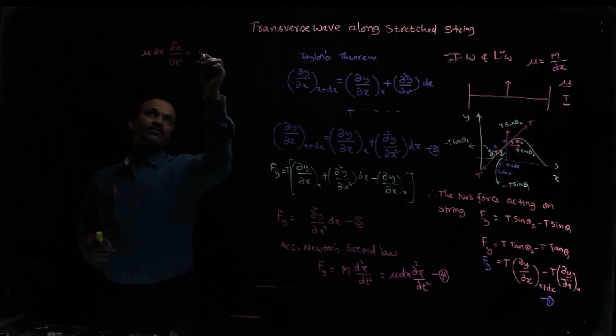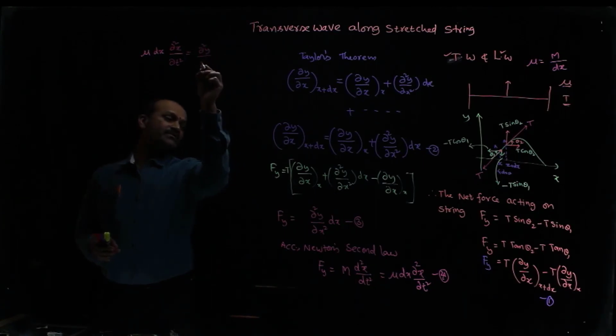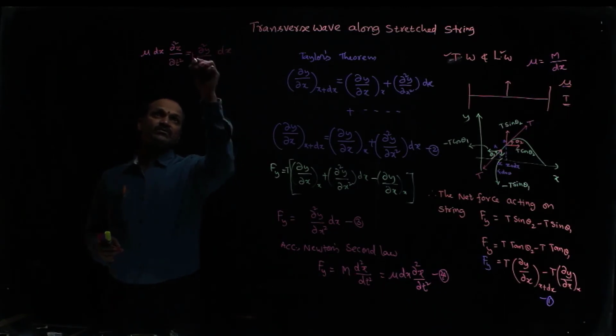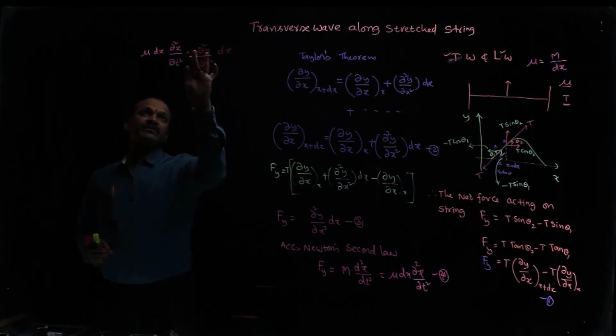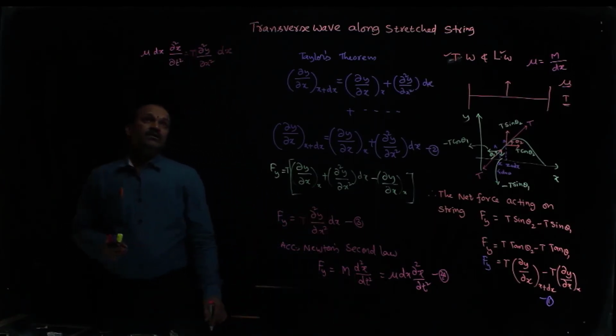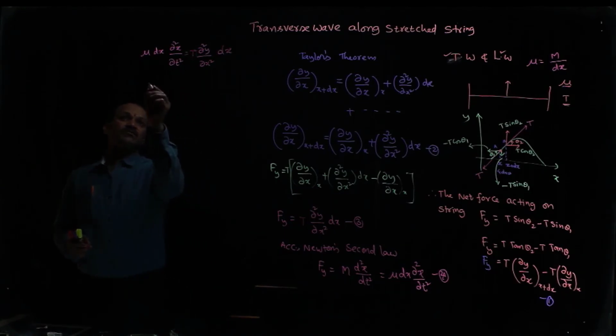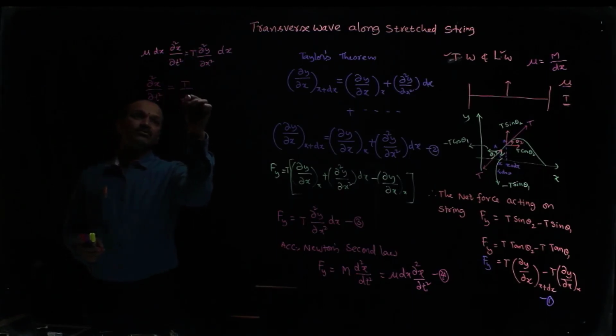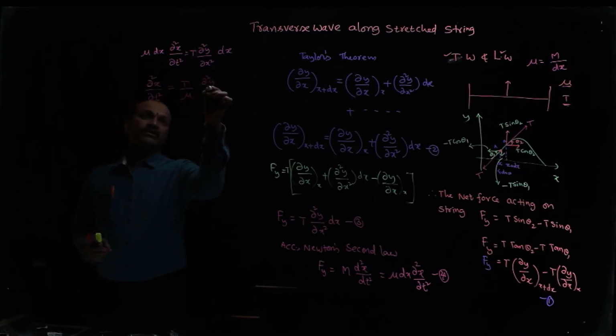Dou square y by dou x square into dx into T. T will be there. So dx will cancel on both sides. Remaining is dou square x by dou t square is equal to T by mu into dou square y by dou x square.